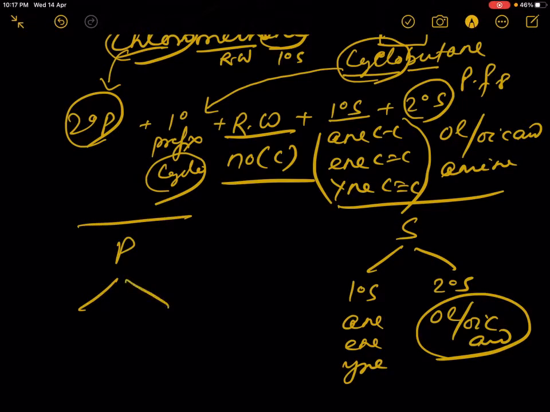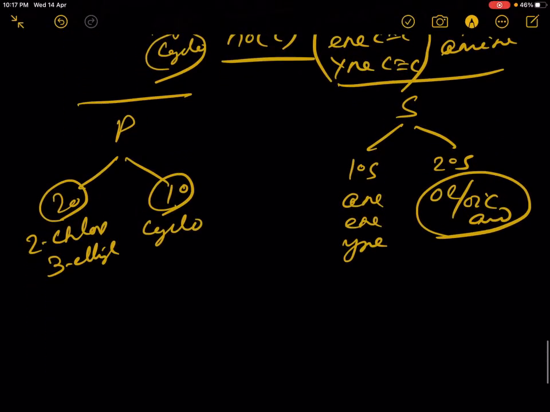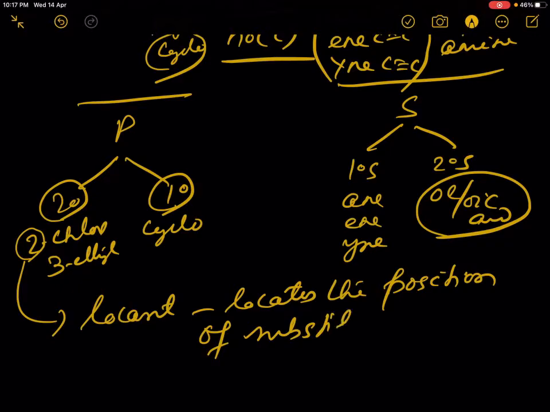Primary prefix is only cyclo, but secondary prefix is 2-chloro, 3-ethyl, etc. Here 2 is the locant, which locates the position of the substituent.